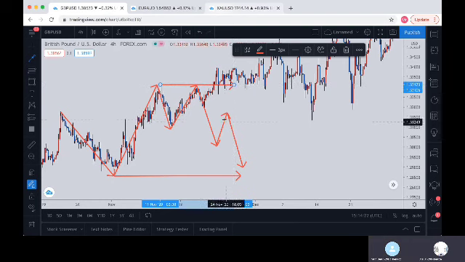So in order to determine the new higher low, we have to make a new higher high, or we have to break the previous higher low in order to be bearish. So on the 4 hour, this is what we're looking for.